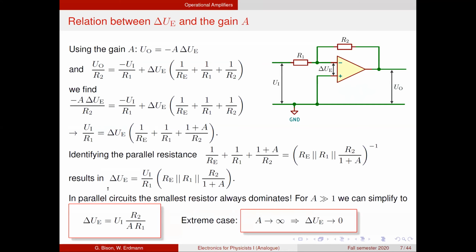And well, the important thing is that we have an amplification factor here in the denominator, which means that if we have a really large amplification, this difference voltage goes to 0. And that's actually one of the golden rules. You have already seen that we assume for an ideal op-amp that in a stable situation, this difference voltage is always 0.